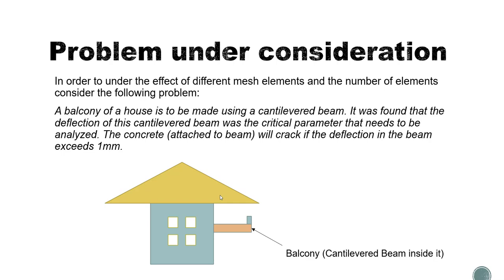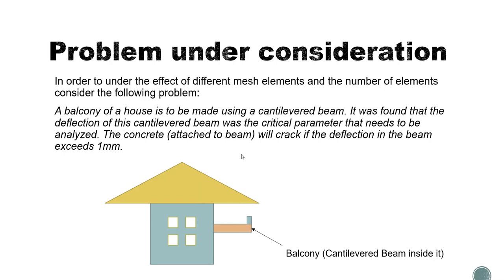So what is the problem under consideration? This is a simple problem of a balcony. Here you see that this is the balcony, and it is made of concrete and a cantilevered beam, so kind of a composite structure.